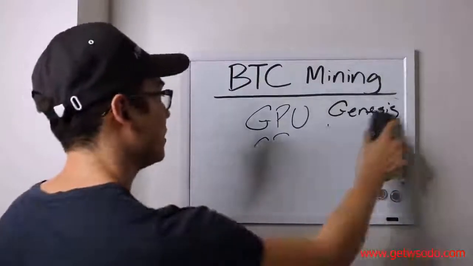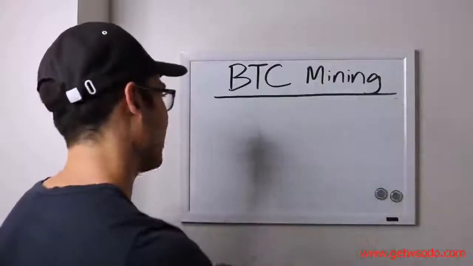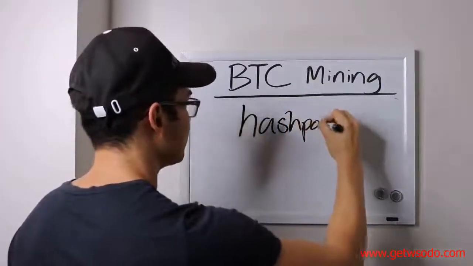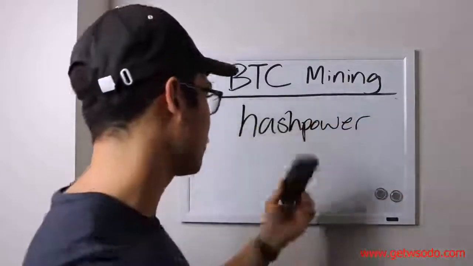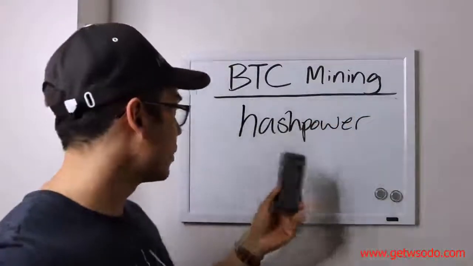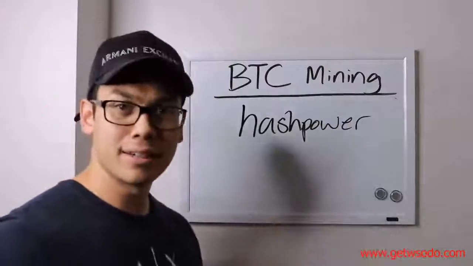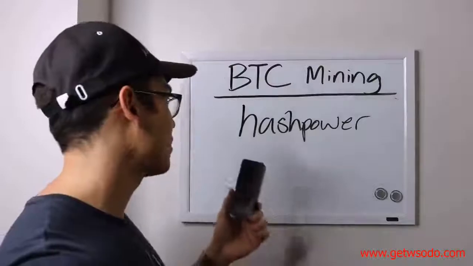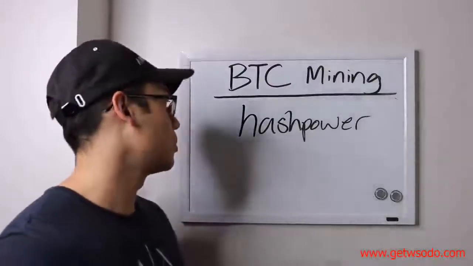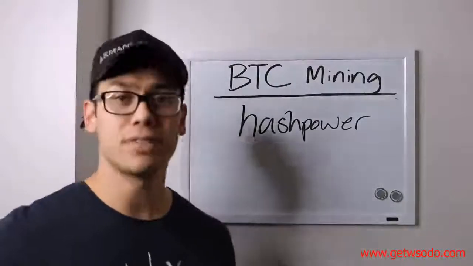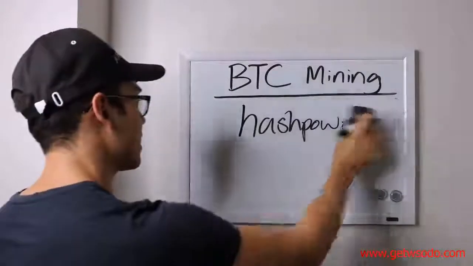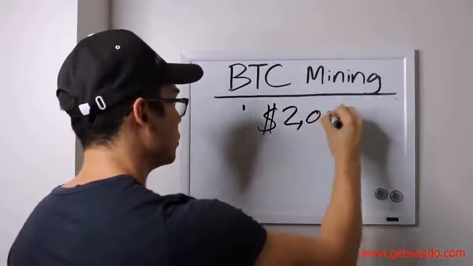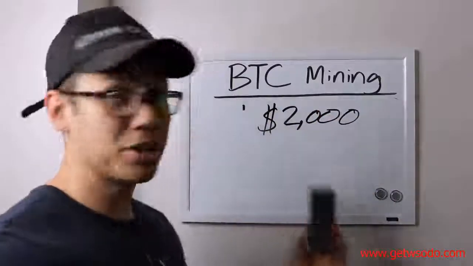So you can buy what is called hash power, and there's different amounts. As far as Bitcoin goes, there are different types of mining algorithms, but for Bitcoin it's the SHA-256, and you have to buy a terahash. They charge you an upfront fee. For me, when I started, I invested $2,000 into some hash power.